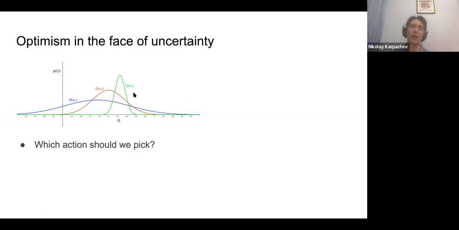It knows pretty well what action 3 will bring. But for action 1, the agent does not know anything, but the average is less than action 3. So which action do you think the agent should pick here from those 3?